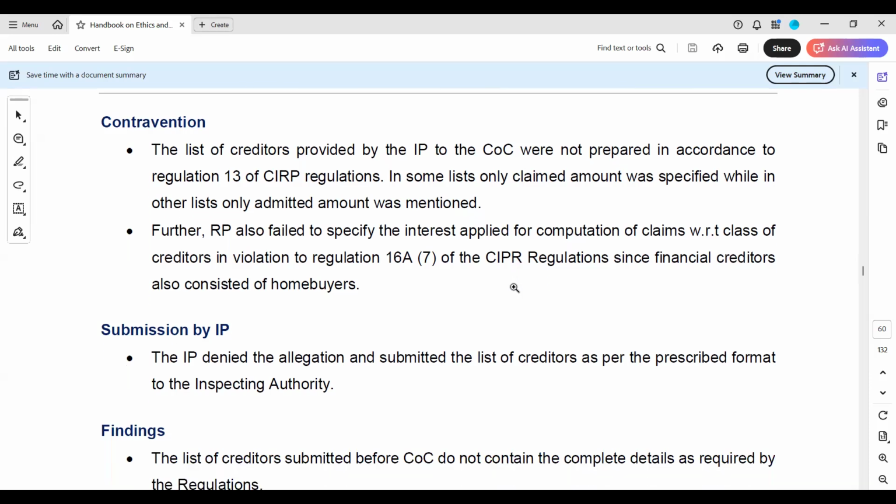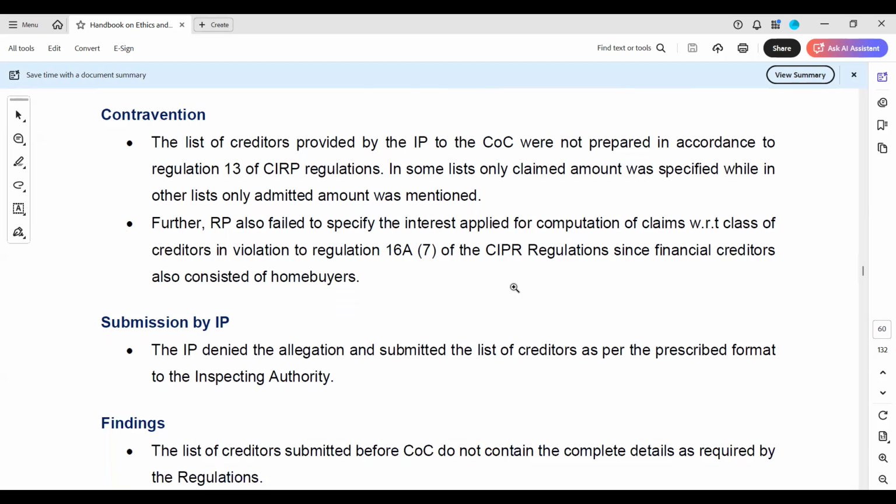Further, RP also failed to specify the interest applied for computation of claims with respect to class of creditors in violation to Regulation 16A7. So Regulation 16A7 क्या बोलता है कि you have to include interest at the rate of 8% per annum in case of home buyers.